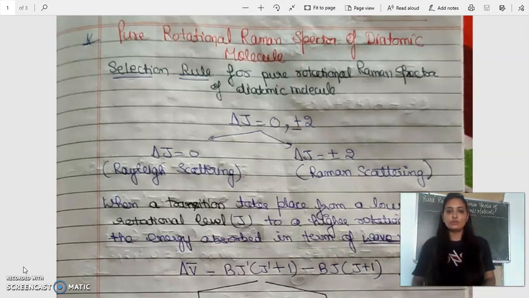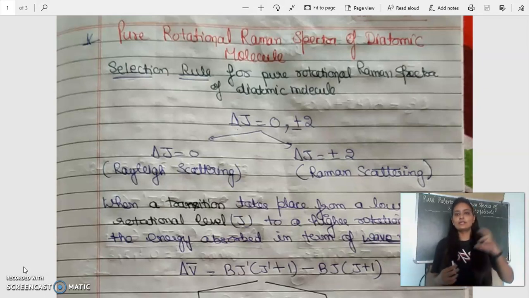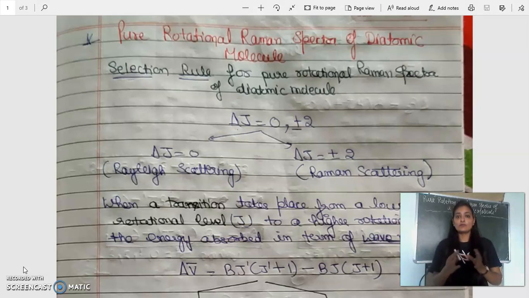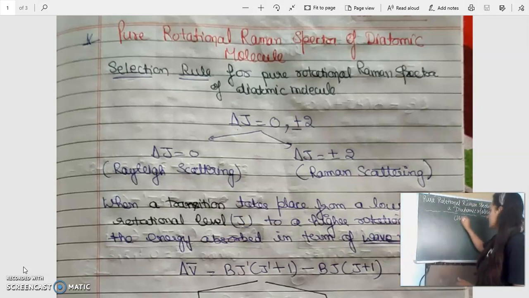In the last video I told you that whenever an oscillating electric field falls on a molecule, it also leads to some kind of oscillations in the molecule. When we talk about oscillations, we are talking about some kind of motions in the molecule, and those motions are vibrational and rotational motion.